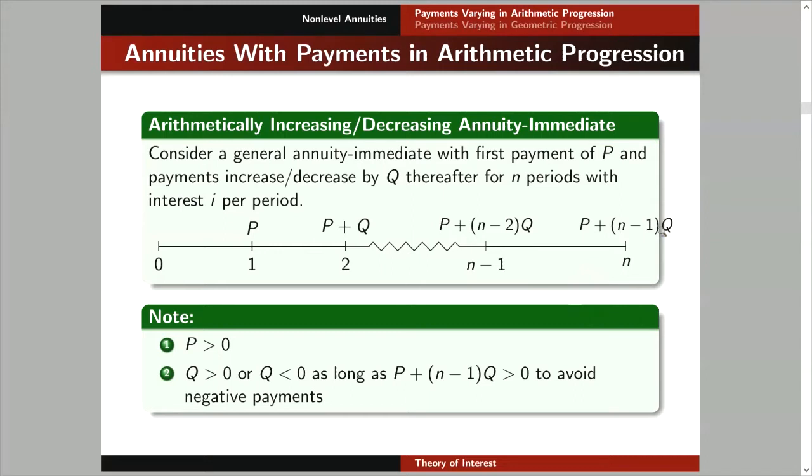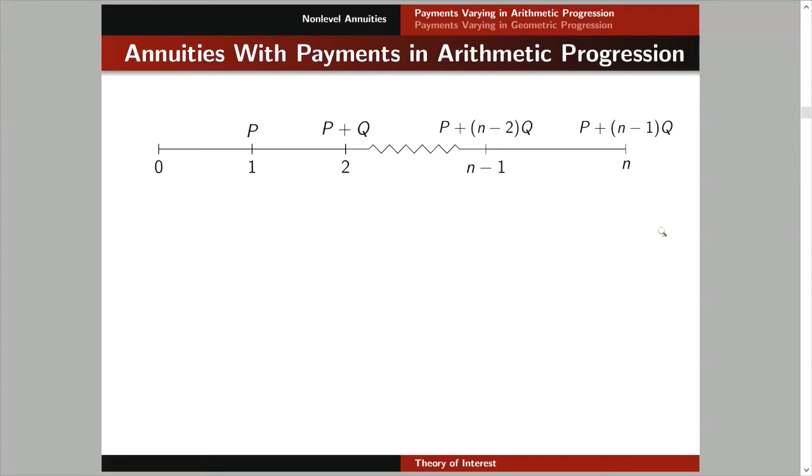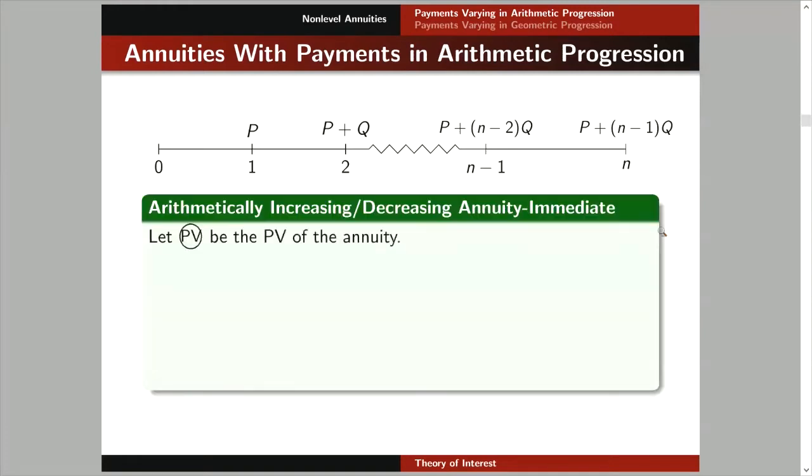To derive a very important formula, let's consider this time diagram again. We're going to get the present value of these payments. The encircled PV stands for the present value of this annuity.